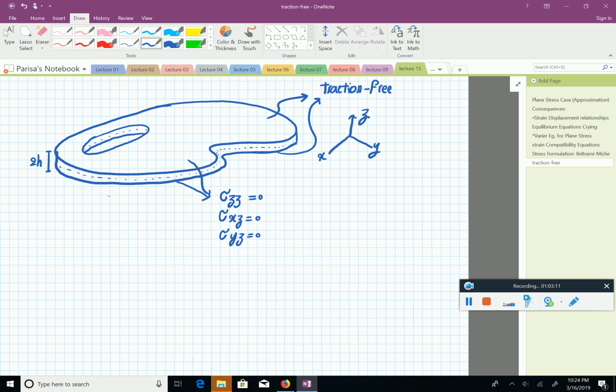For that we want to make sure that this plate is really thin, because you saw that this is not really the case, so you are still going to have the other components. Just to make sure that they are very small and negligible, you want to have a very thin plate.